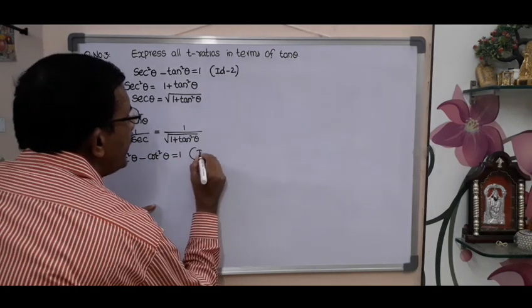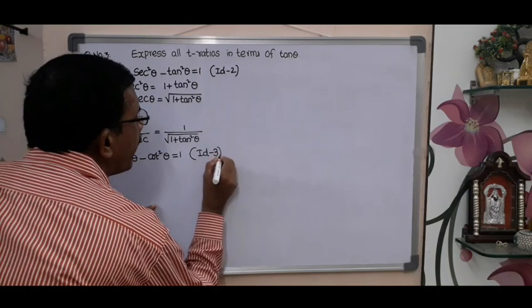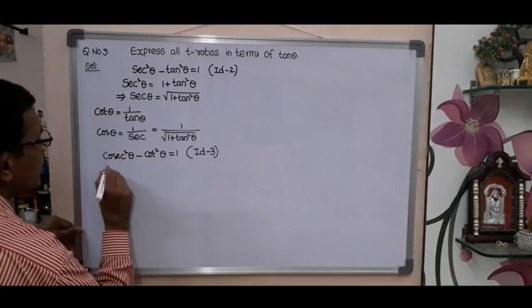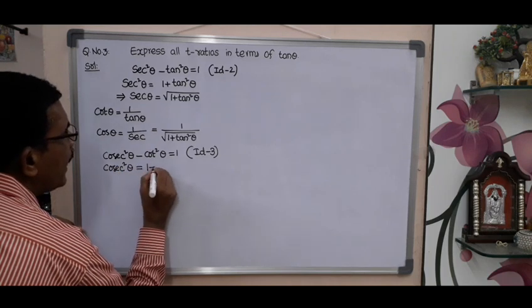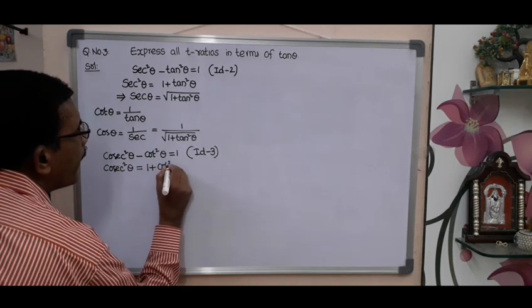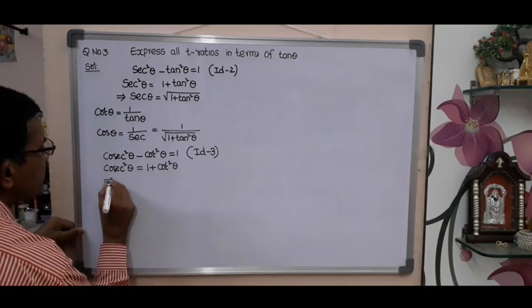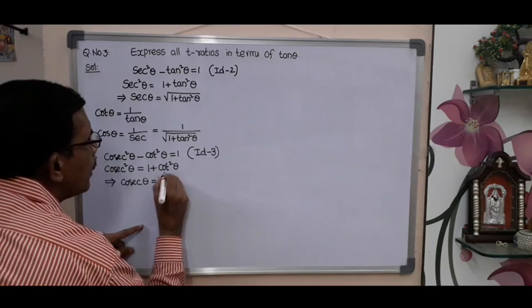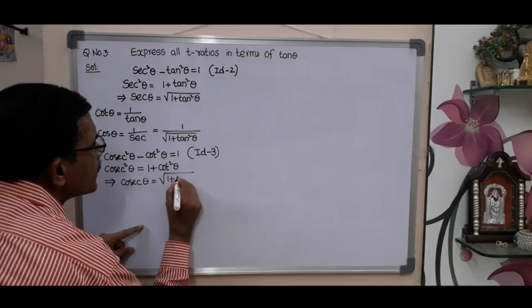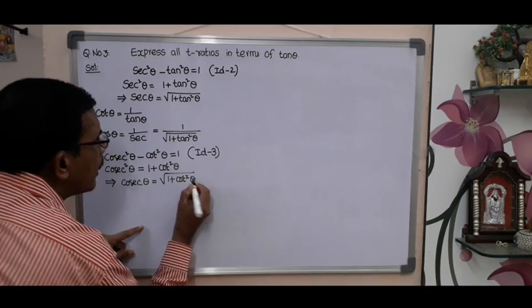This is identity 3. Cosec square theta is equal to 1 plus cot square theta, implies cosec theta is equal to under root 1 plus cot square theta.